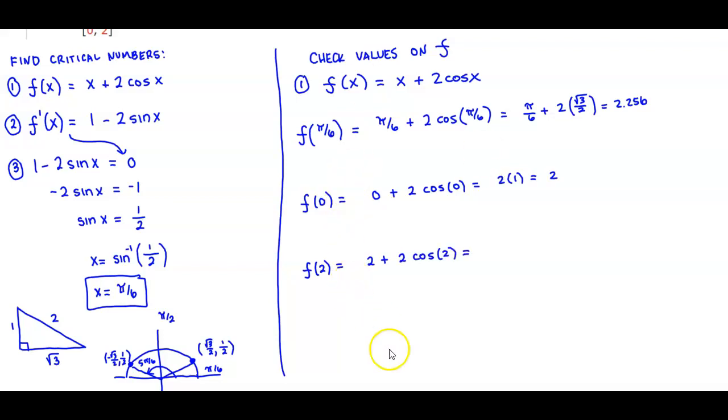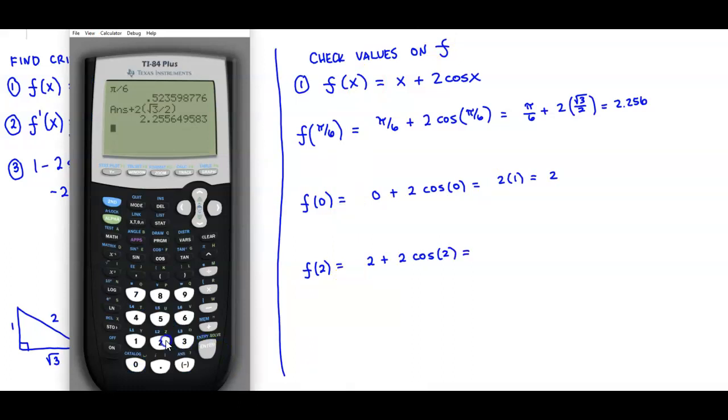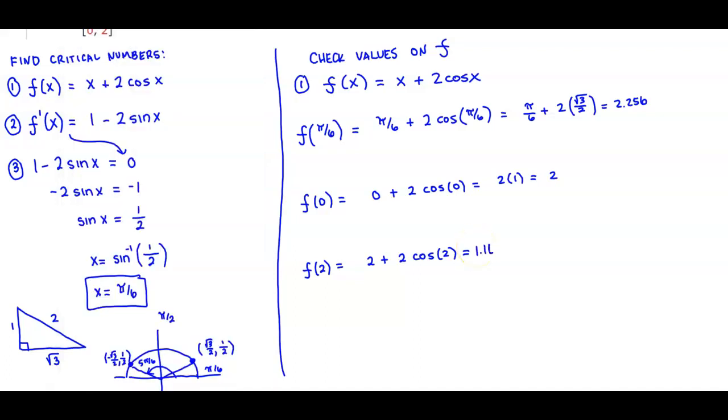Let's go ahead and evaluate that. We have 2 plus 2 times the cosine of 2, and when we round that to 3 decimal places, we end up getting 1.168. So what does this tell us?